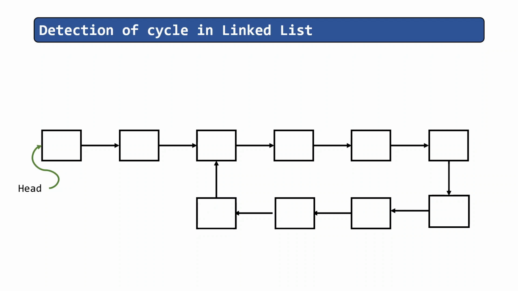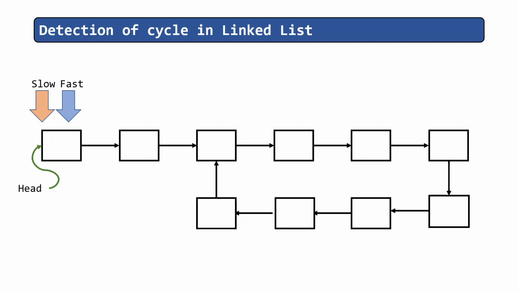So what I will be doing here is I will create two pointers which point to the head node, and let's say the first pointer is the slow pointer and the second one is the fast pointer. What I mean by slow and fast here is, as the name suggests, the slow pointer moves slowly and the fast pointer moves fast in comparison to the slow pointer.